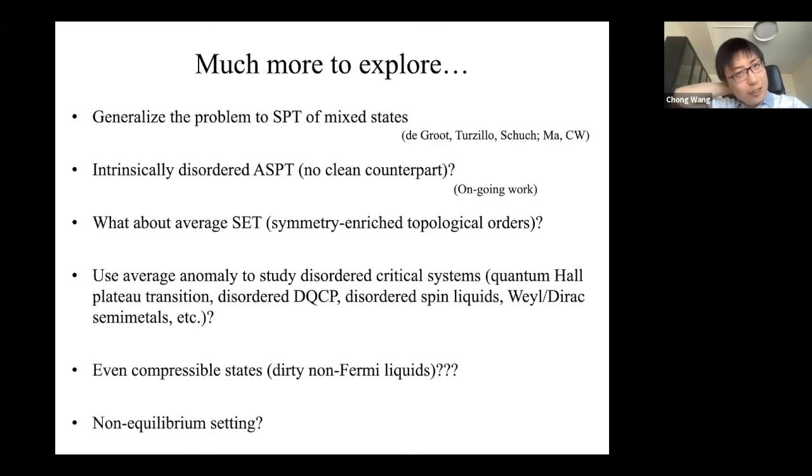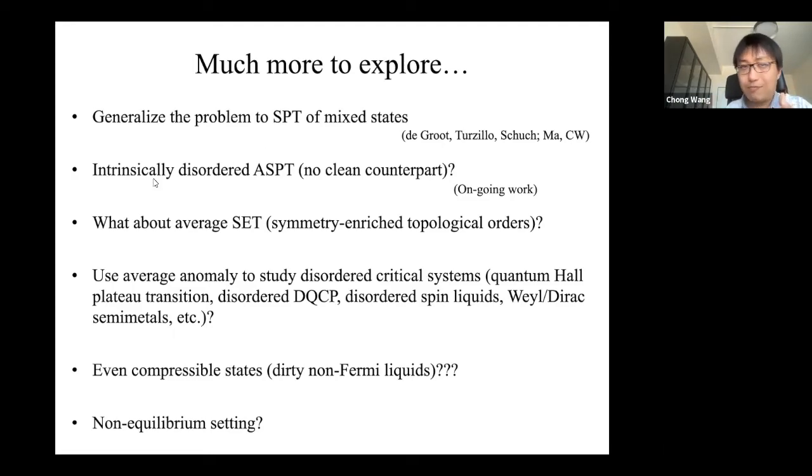So let me end by mentioning some of the open directions that we can explore. There are many. I only mentioned very few things. There are many more things that one can explore, probably should. We can generalize the problem to SPT of mixed state. In fact, this has been discussed recently in the context of open quantum systems, but within disordered systems it makes equal sense.